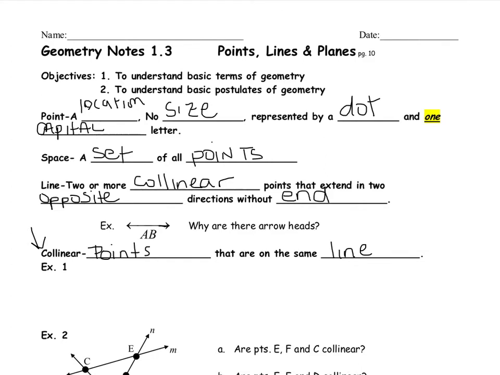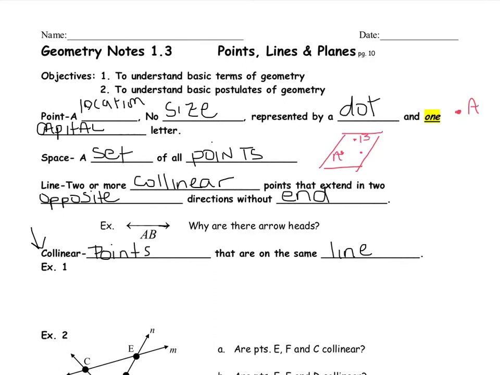So going back up here, we'll draw a little representation. Okay, there's a point. Space, we usually draw like a parallelogram area and, you know, draw some points in there. So we could call this point A, and we could have point A here and point B and so on.